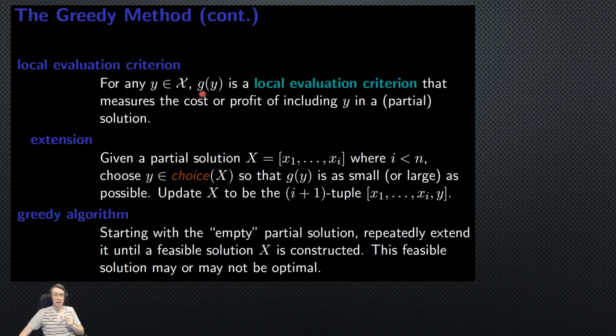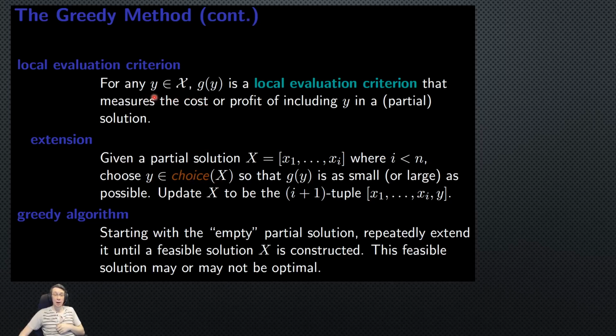So this is an evaluation function that's going to tell me, given a choice, y, and we might as well define it for all the possible choices, not just the choices that leave us with feasible extensions of our partial solutions. We can define it in terms of chi, and we'll only ever really evaluate the local evaluation criterion on the choices that we could actually make and leave us with a feasible solution.